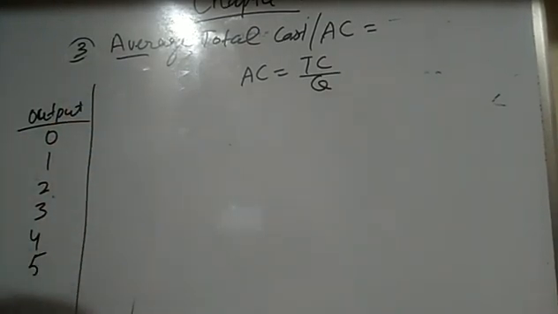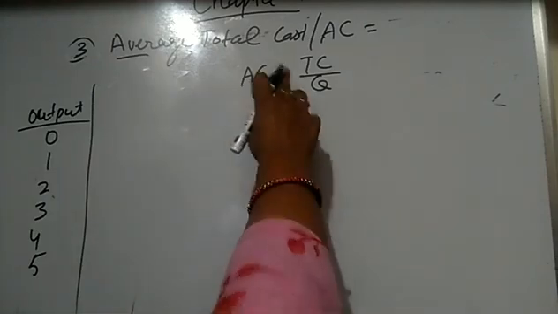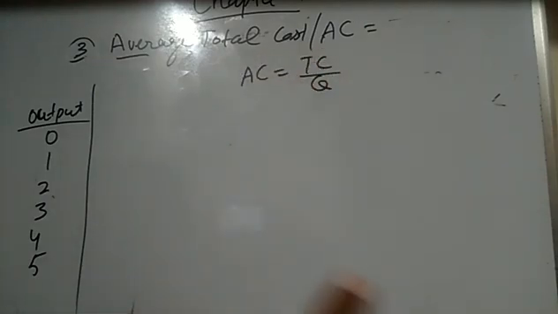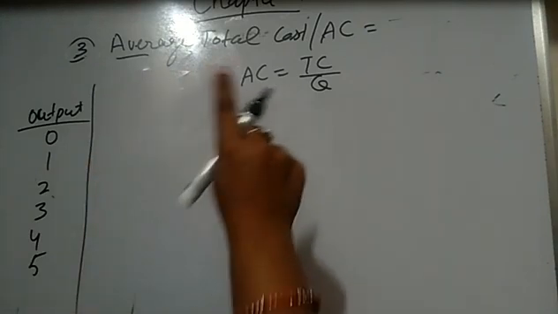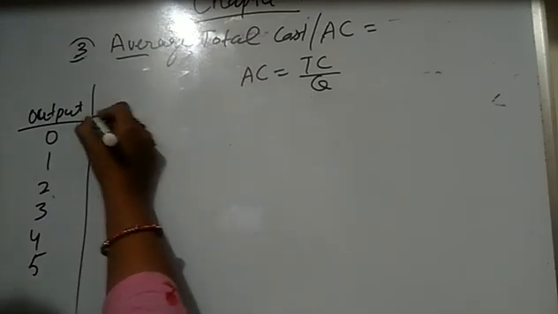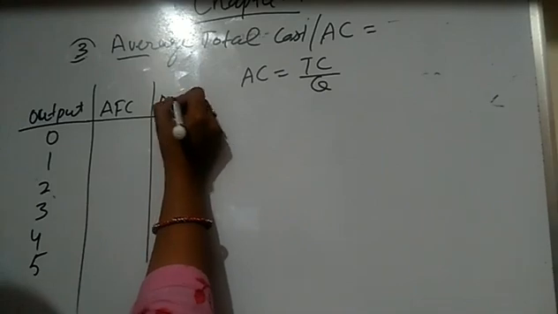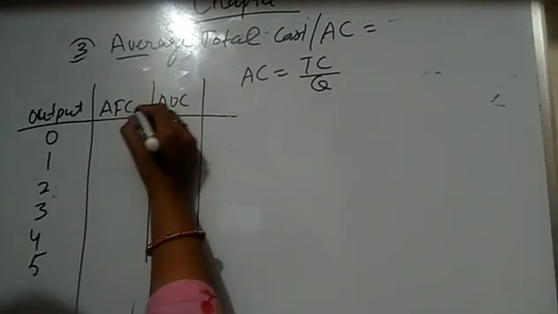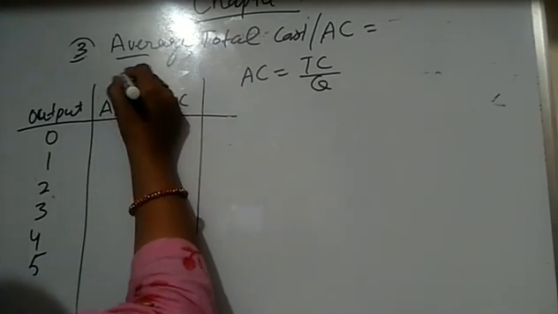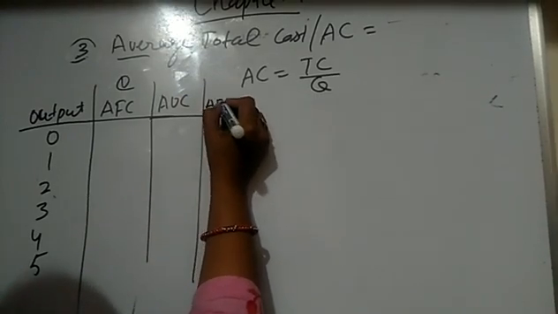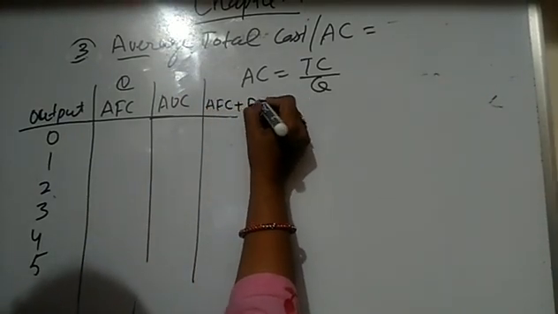Okay students, as you know, total cost is equal to total fixed cost plus total variable cost. So we can find that average cost is equal to average fixed cost plus average variable cost.